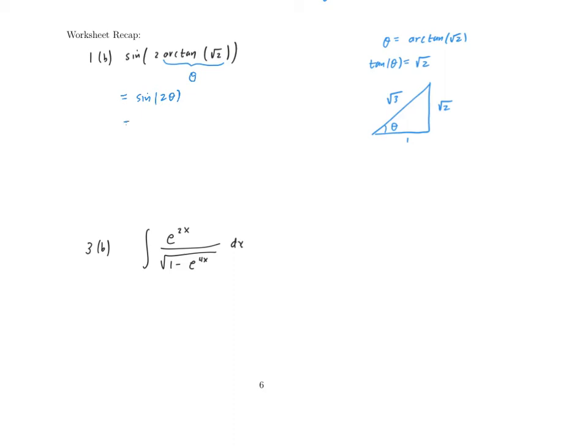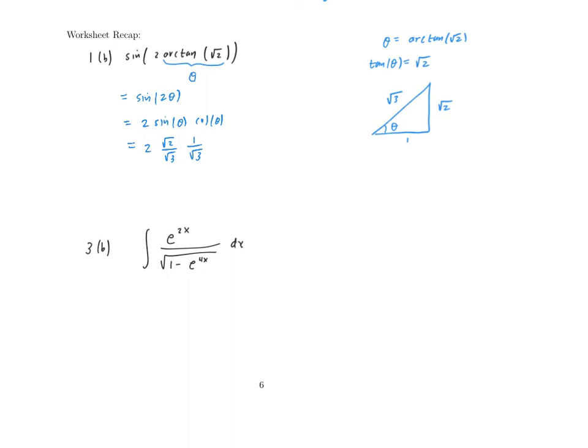The double angle formula for sine of 2 theta, which I believe we encountered in our previous class worksheet, is 2 sine theta cosine theta. And we know both of those values from our right triangle. Sine of theta is opposite over hypotenuse. Cosine of theta is adjacent over hypotenuse.